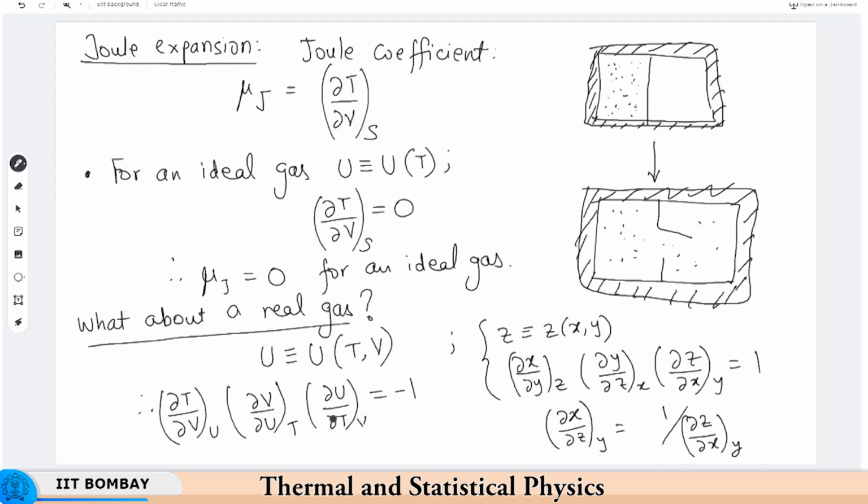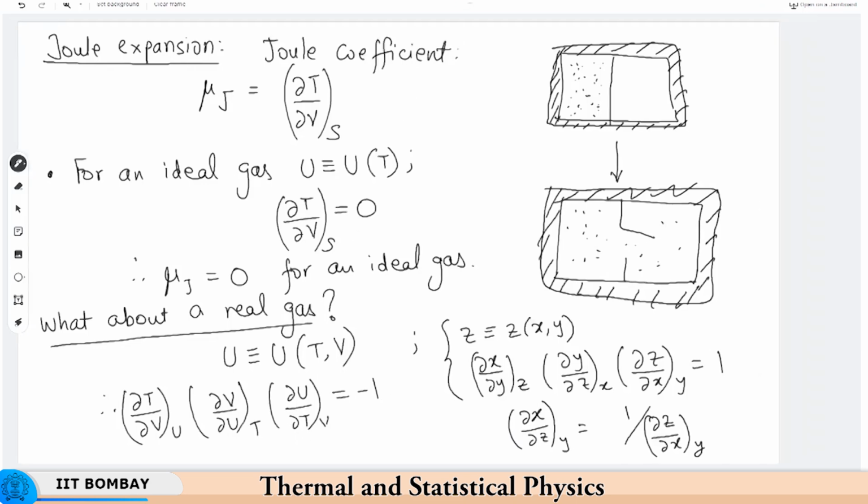We will apply this theorem in this equation, and we can rewrite it as follows. So, that basically becomes del u by del T at constant V times del T by del V at constant u equals minus of del u by del V at constant T, right.